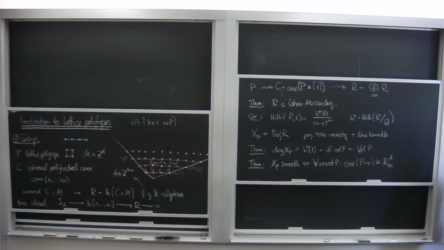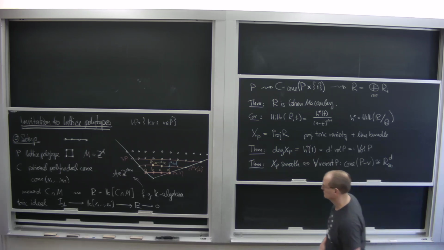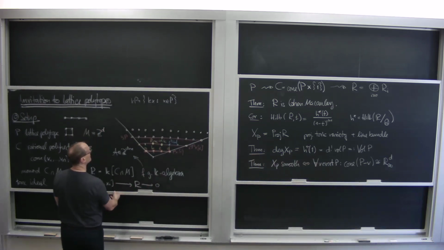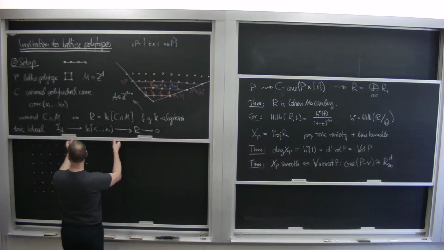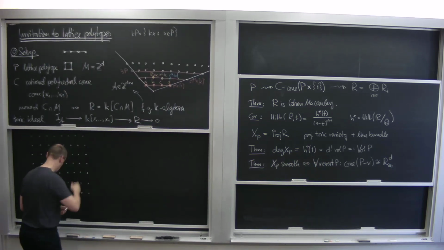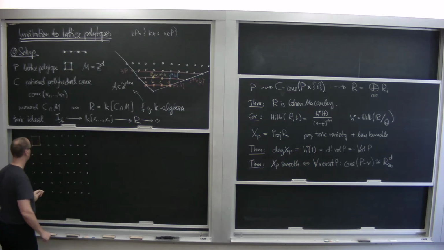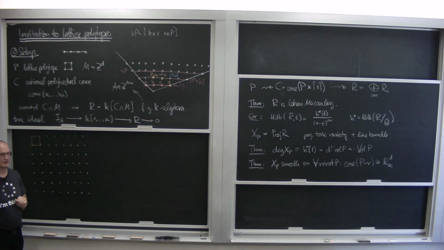Which reminds me, I haven't talked about isomorphism, which I had intended to do. So the lattice polytope, okay, this one, is only really well defined up to this.